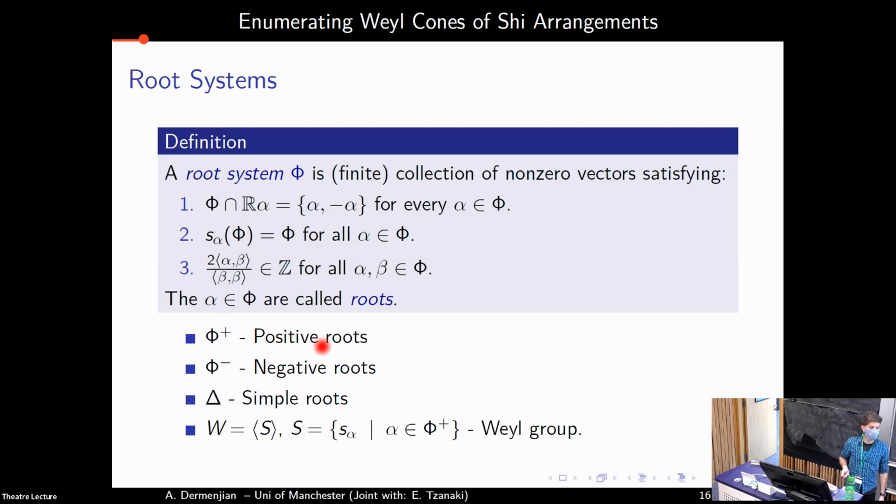We can decompose our vectors into 2 sets, a positive set and a negative set. They can also be further decomposed into simple roots. So simple roots basically generate the entire set of roots.